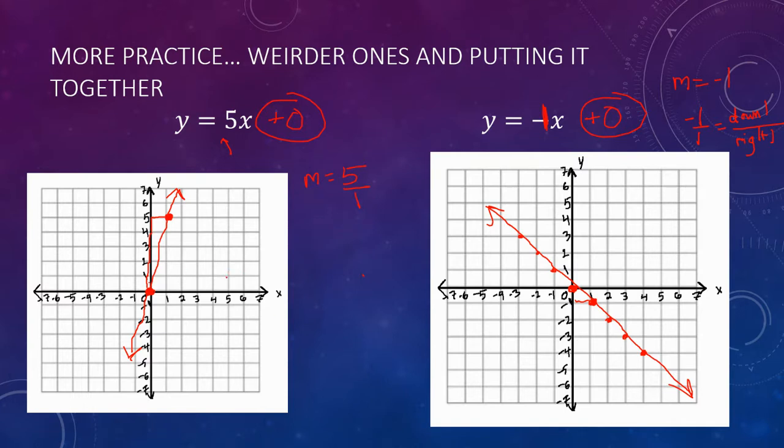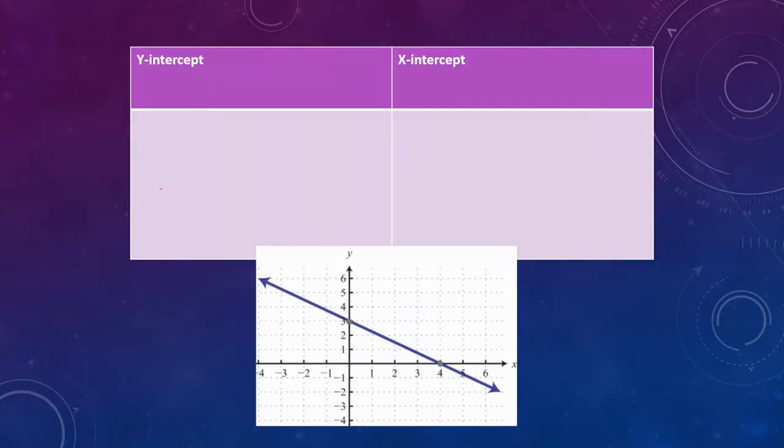We have one final point here about x and y-intercept. So take notes on this, please. The y-intercept, remember, is where the line crosses the y-axis. And so what that means is, remember, the y-axis is right above here. It's where x is 0 is the y-axis.